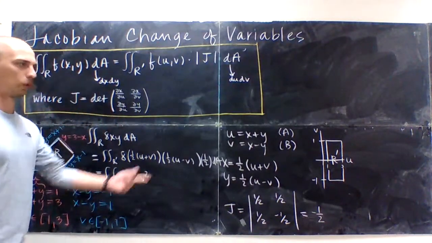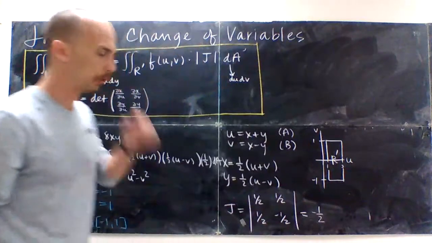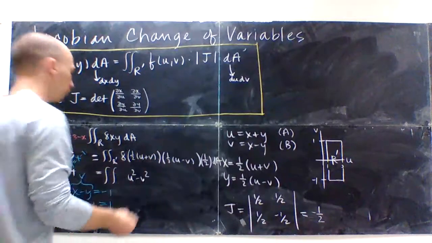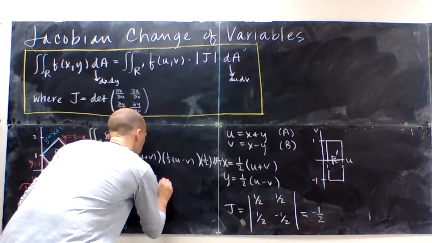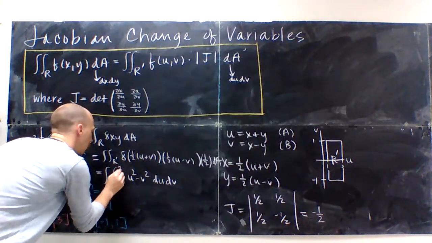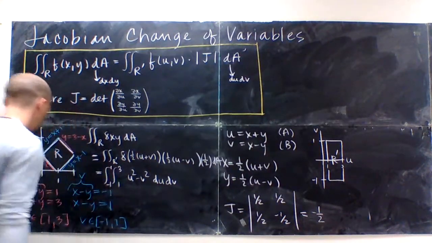I can go in either order I like because this is a rectangle in u and v. I'm just going to do du and then dv. So that's u going from 1 to 3 and v going from -1 to 1.